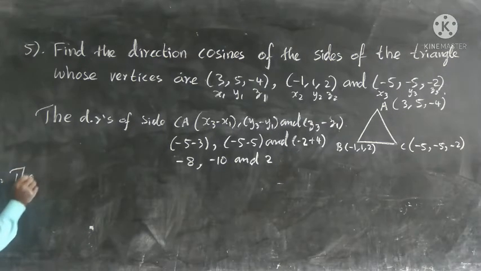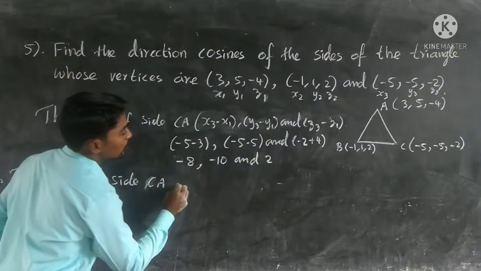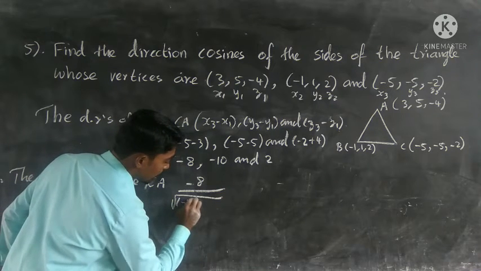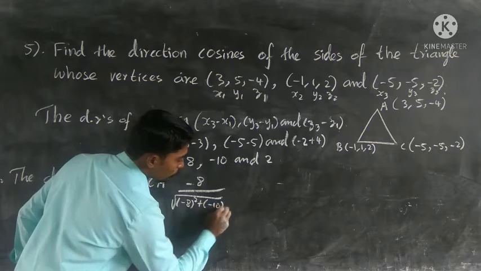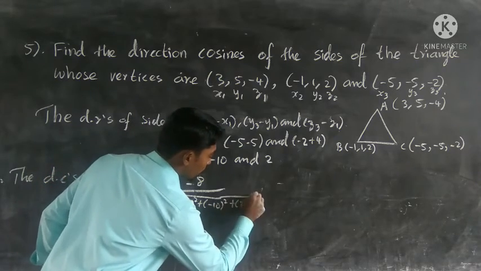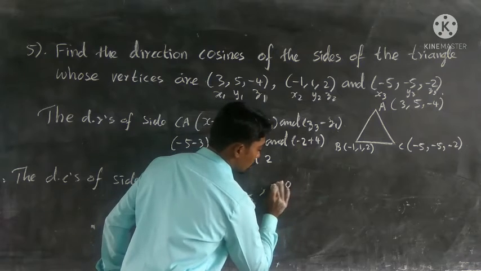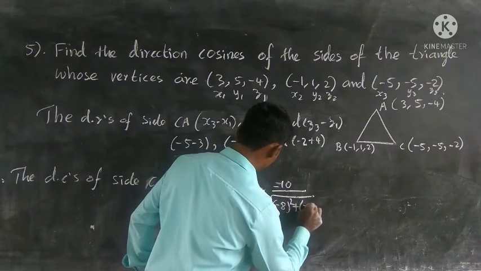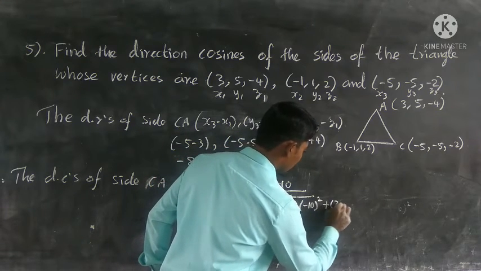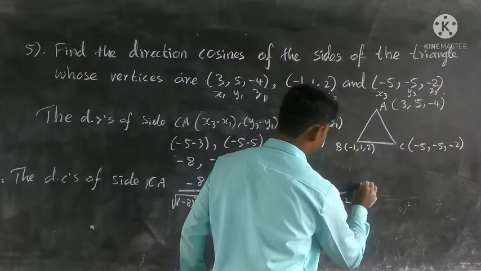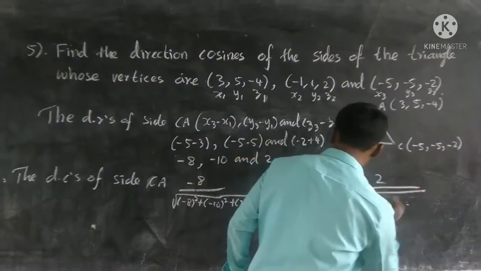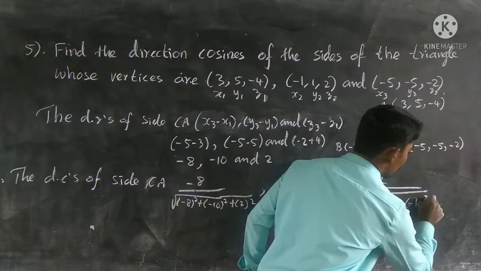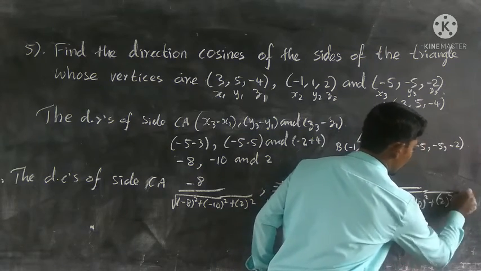Therefore, for CA, that is -8 divided by square root of (-8)^2 + (-10)^2 + 2^2, -10 by square root of (-8)^2 + (-10)^2 + 2^2, and 2 divided by square root of (-8)^2 + (-10)^2 + 2^2.